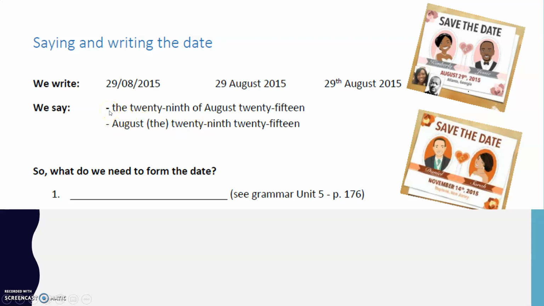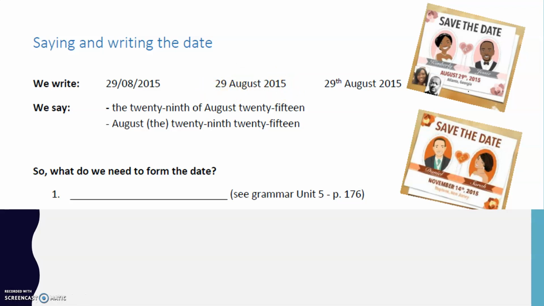So let's focus on the British way to say a date. As you can see, there's a the and there's an of. You can't see that, for instance, if you look at this written version, the and the of isn't there, but you've got to say it.